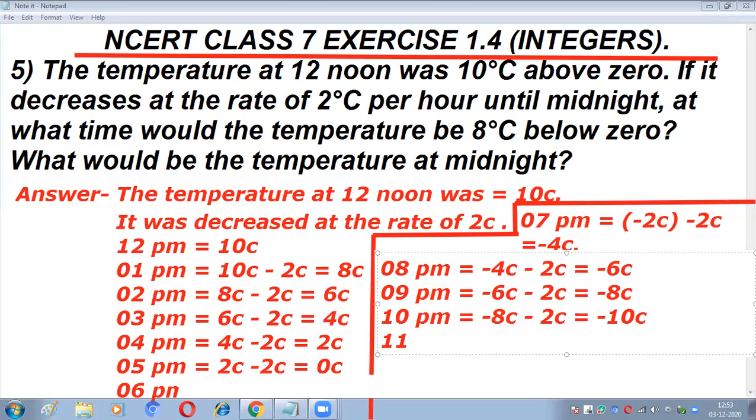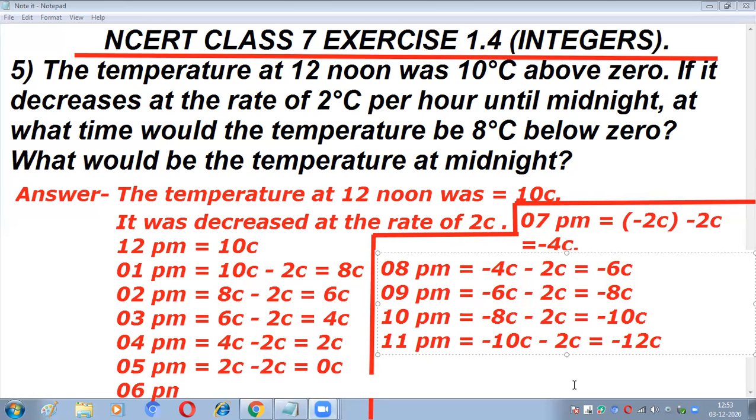We are so near. 11 p.m. is equal to minus 10 degrees Celsius minus 2 degrees Celsius, which is minus minus plus 12, and here is negative, here is negative, so minus 12 degrees Celsius.